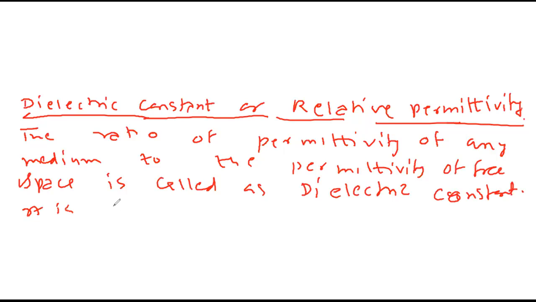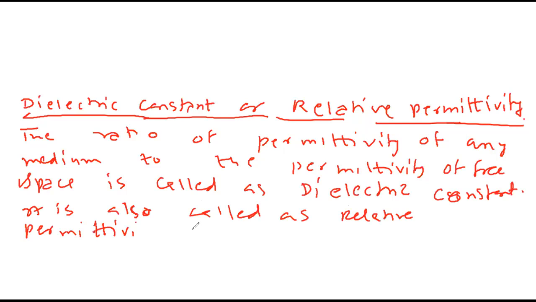It is also called as relative permittivity, given by K or epsilon R, which is epsilon upon epsilon naught. K means here dielectric constant, or it is called relative permittivity, epsilon R, epsilon upon epsilon naught.